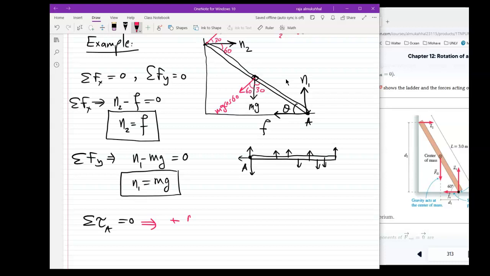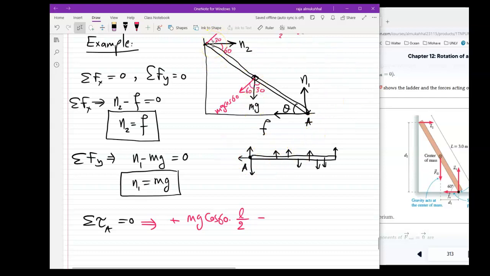So plus mg cosine 60 times L over 2, the moment arm. Remember, the moment arm is the length of the distance between A and the center of mass, which is, remember, the whole length is L, it's right there. So that's L over 2. Minus, remember, the mg cosine goes around this way, counterclockwise. That makes it positive.